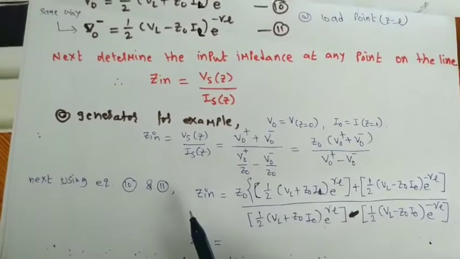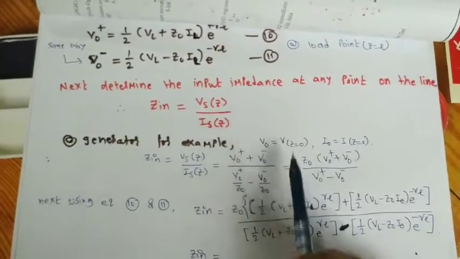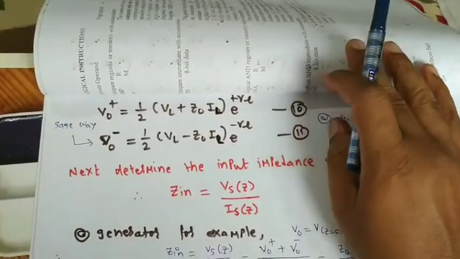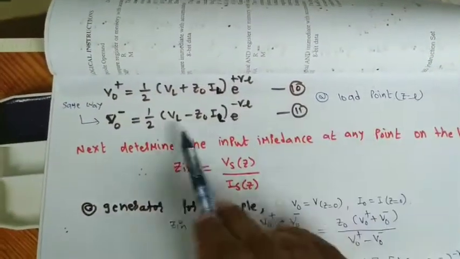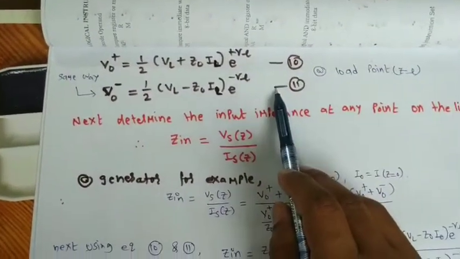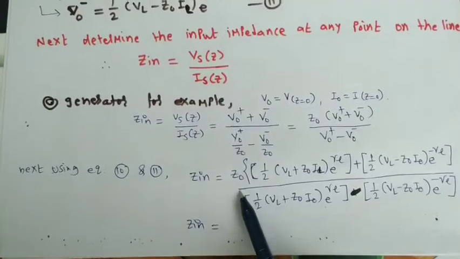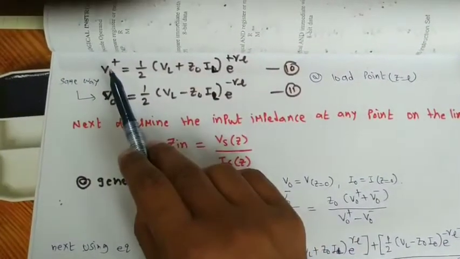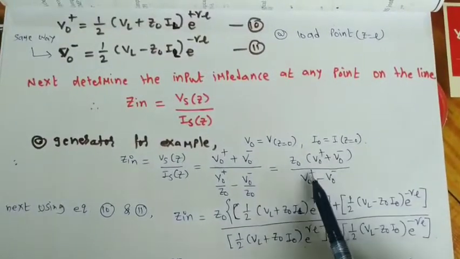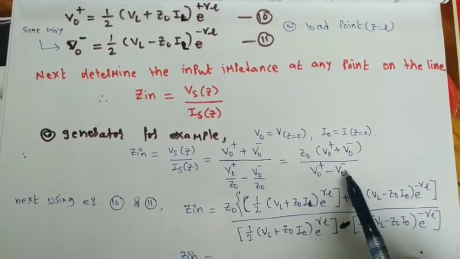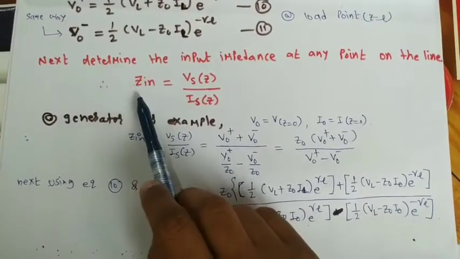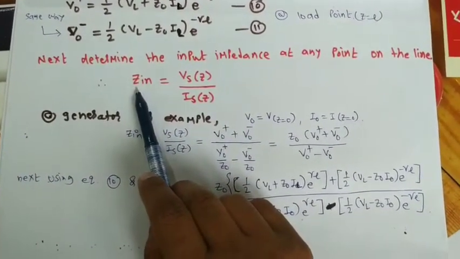Using this, and using the two above expressions that we have obtained at the load point, equations number 10 and 11, if you put these values of V0 plus and V0 minus over here and solve these expressions, we will find the final input impedance expression.